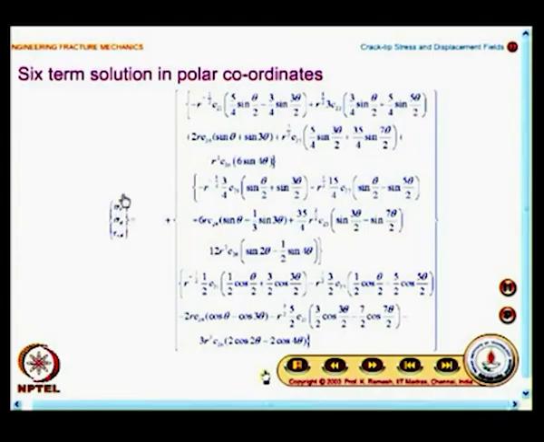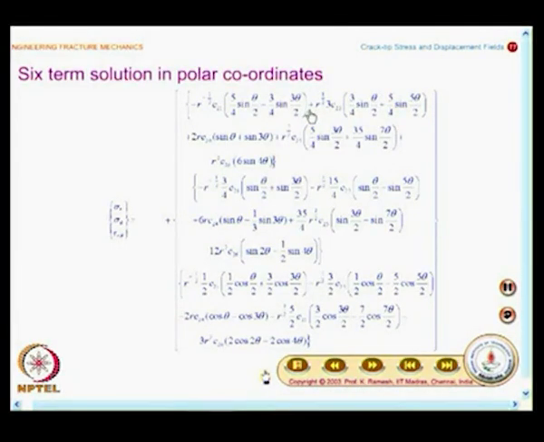For sigma x it is minus r power minus 1 by 2 multiplied by C21 5 by 4 sin theta by 2 minus 3 by 4 sin 3 theta by 2, plus r power half 3 C23 multiplied by 3 by 4 sin theta by 2 plus 5 by 4 sin 5 theta by 2. Mind you, the second term is 0 here.